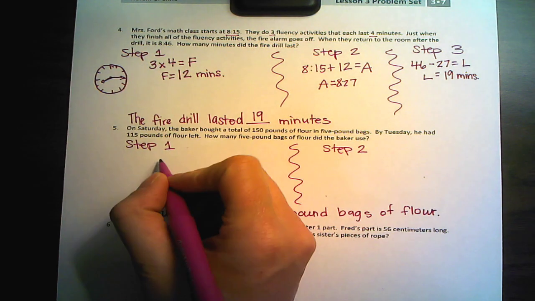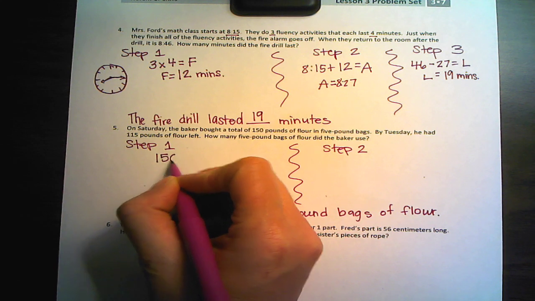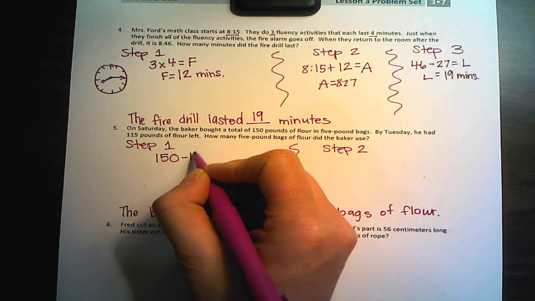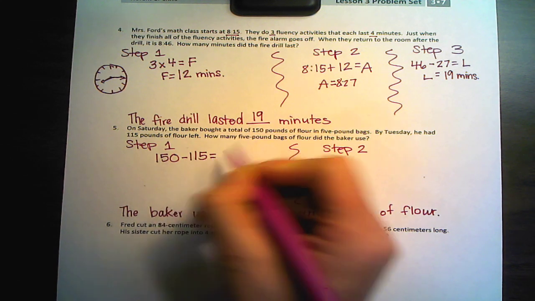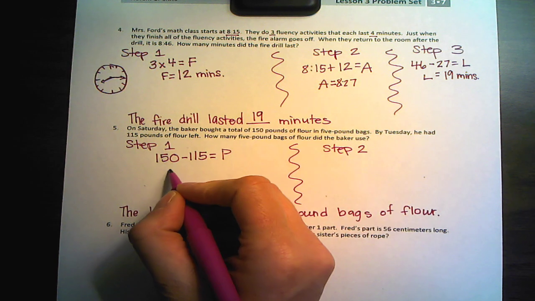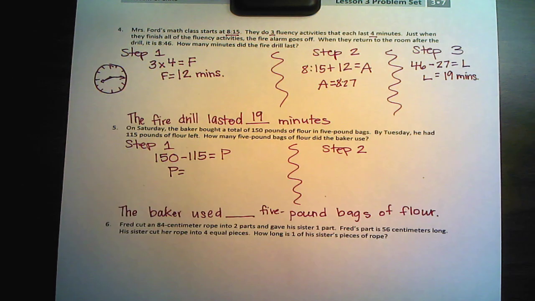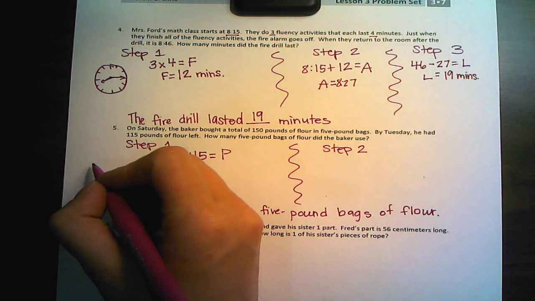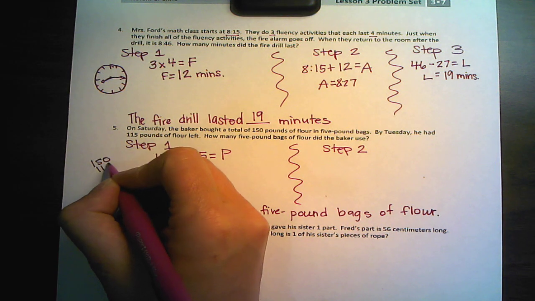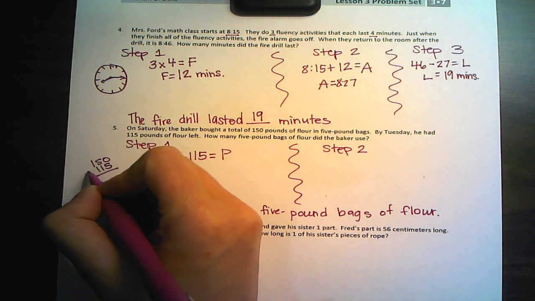So let's do 150 and take away 115. Let's do P for pounds. And what is 150 minus 115? I'm going to write it vertically over here. It's easier for my eyes.